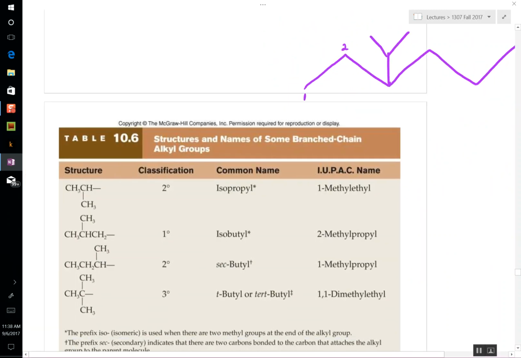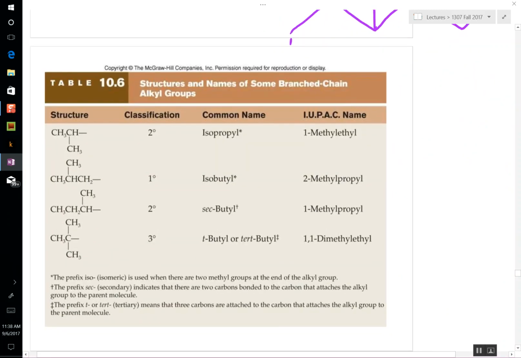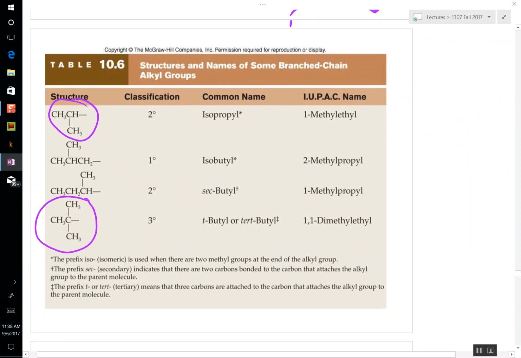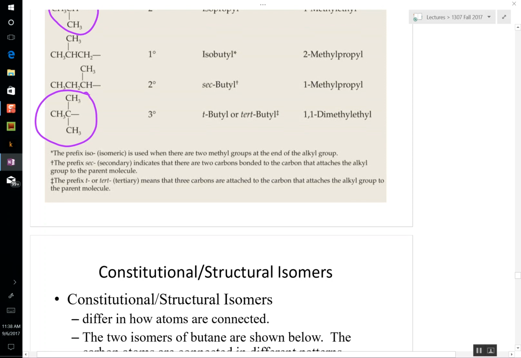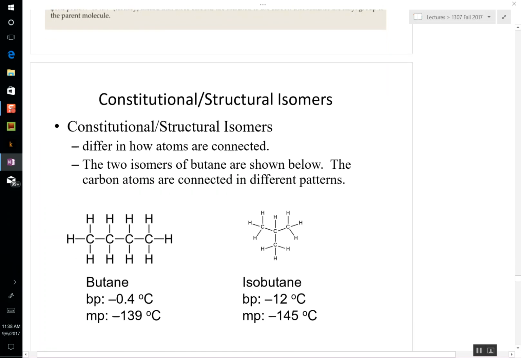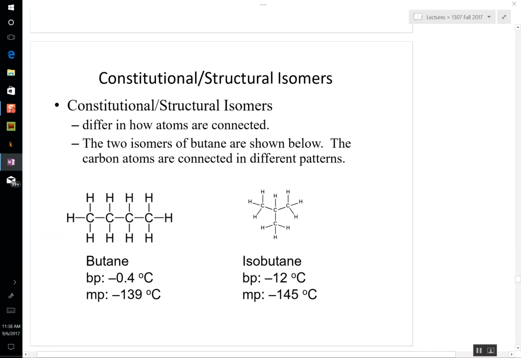I don't know that I ever asked that. Isopropyl. These are the two that I have given you. Isopropyl and tertiary butyl. All right, constitutional isomers.